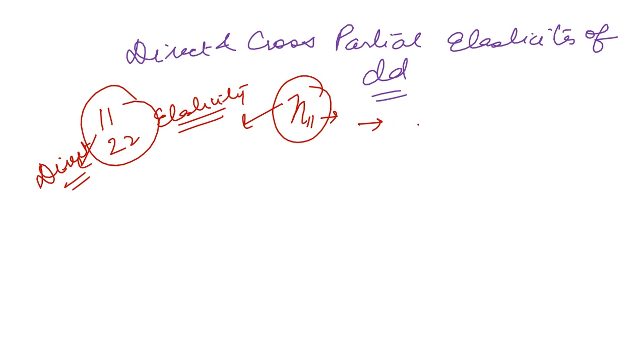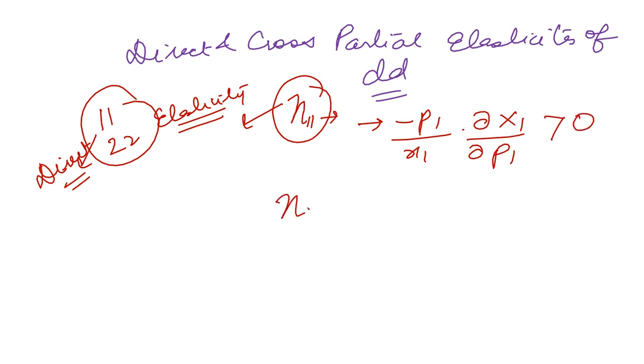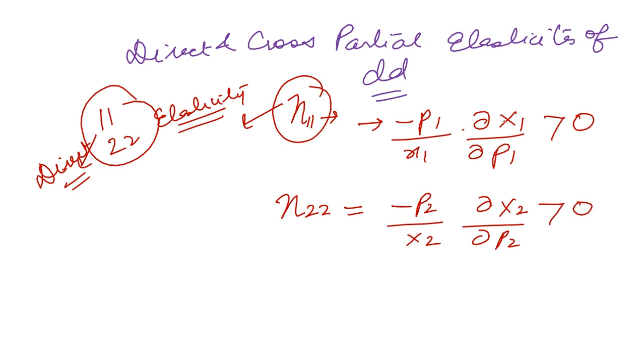So N11 is minus P1 by x1 times del x1 by del P1, greater than 0, and N22 is minus P2 by x2 times del x2 by del P2, always greater than 0.